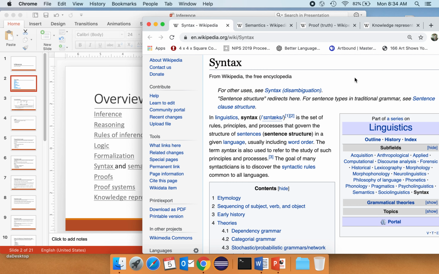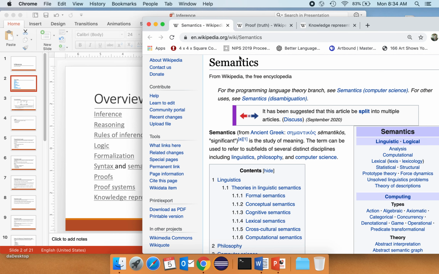But the syntax tells you how to build what they call well-formed formulae and to manipulate them, but doesn't tell you what these things mean. So semantics is a formal way of assigning entities of a domain to our sentences.